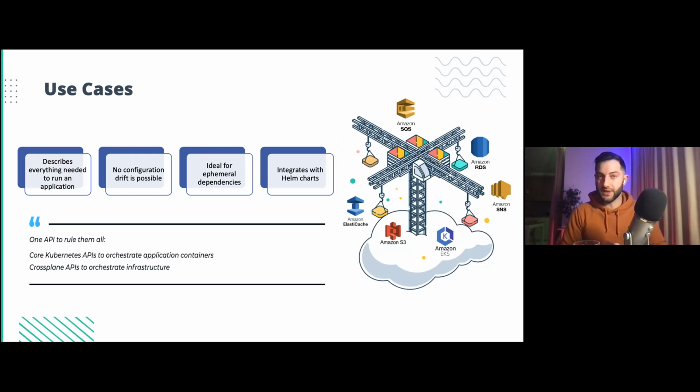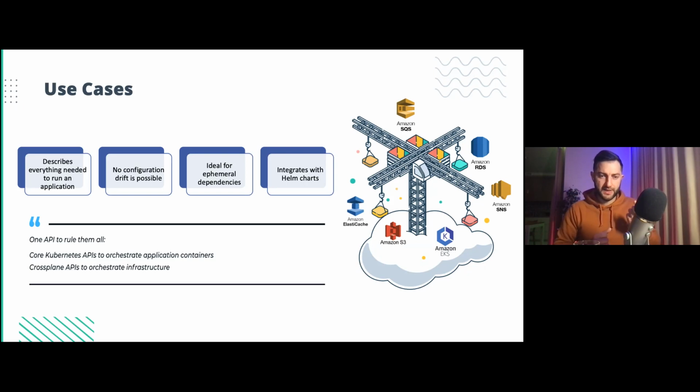Now we have use cases. I already talked about that for a while. Along with the application, you integrate the cloud resources into one package. Let's say you have several applications which live inside your Helm chart. I hope that you are familiar with what a Helm chart is.